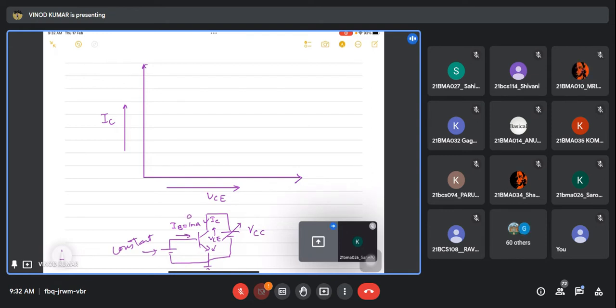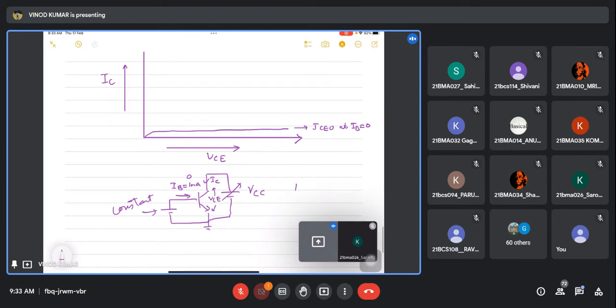So if we talk about this one, this is ICEO at IB is 0, because the current equation is nothing but IC is equal to beta IB plus ICEO, isn't it?